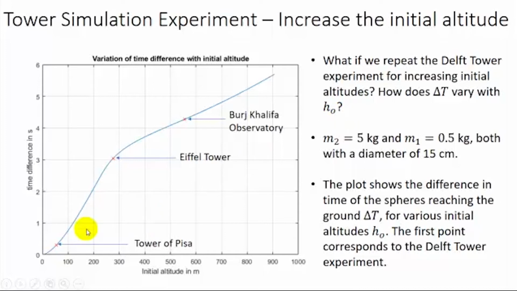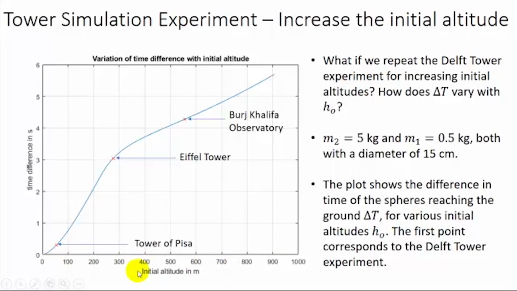So this can be performed using our simulation model very easily, using the same values of masses of 5 kilograms and half kilogram, diameter of both spheres 15 centimeters, and we repeat the simulation experiment for increasing initial altitudes up to just over 900 meters.